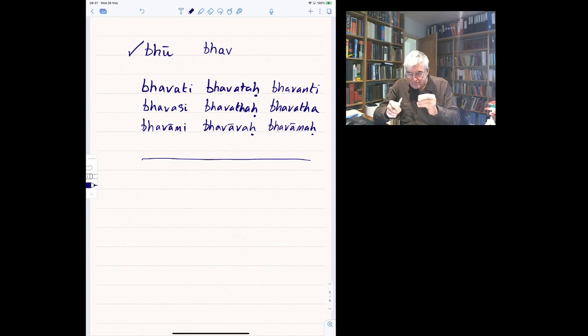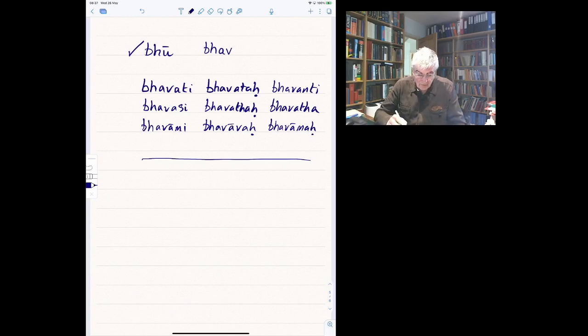Once you know that it's bhavati, then from bhavati you can form all of the other present indicatives. So bhavati, then the rest follows: bhavata, bhavanti, bhavasi, bhavata, and so on. So just get the root and the third singular, and then you've got it.